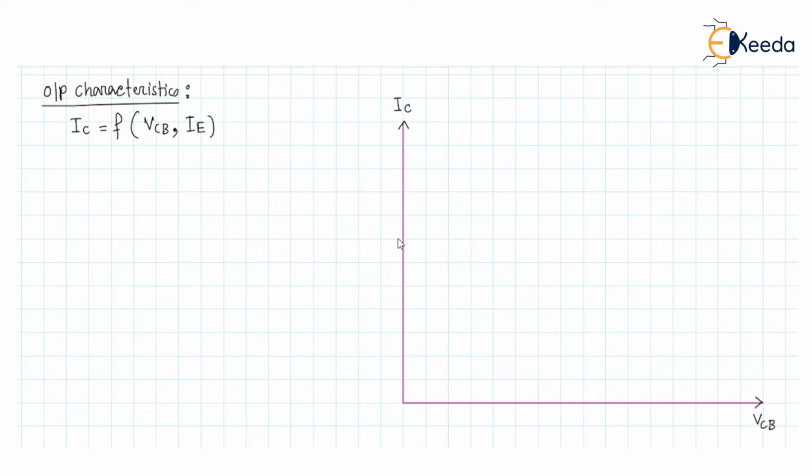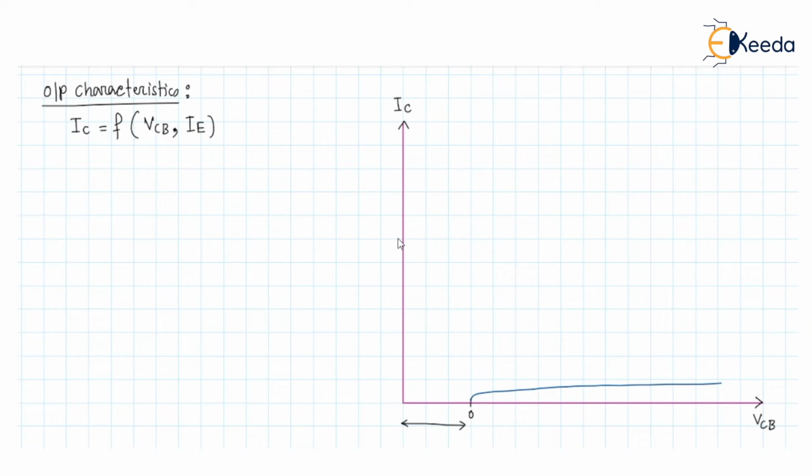Now if we plot the output characteristics, before plotting, let us denote that this is the origin and this part is the negative value of VCB. So when the IE value is 0, the curve will look like this.